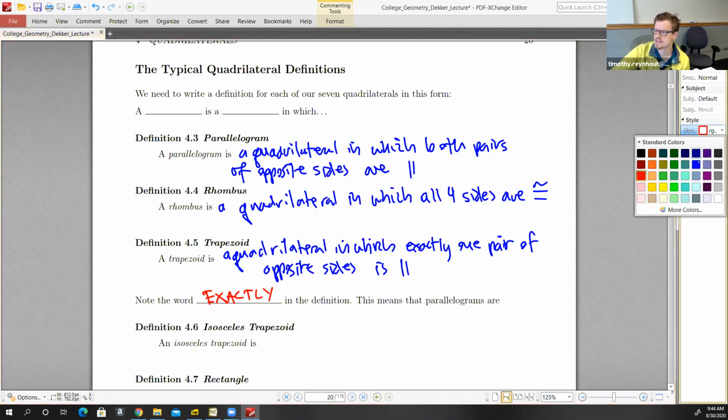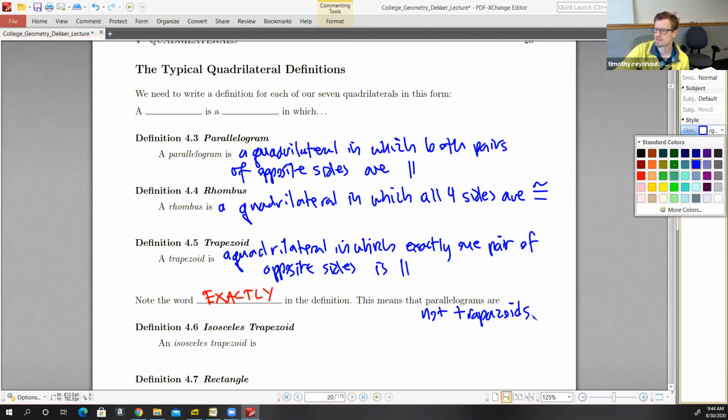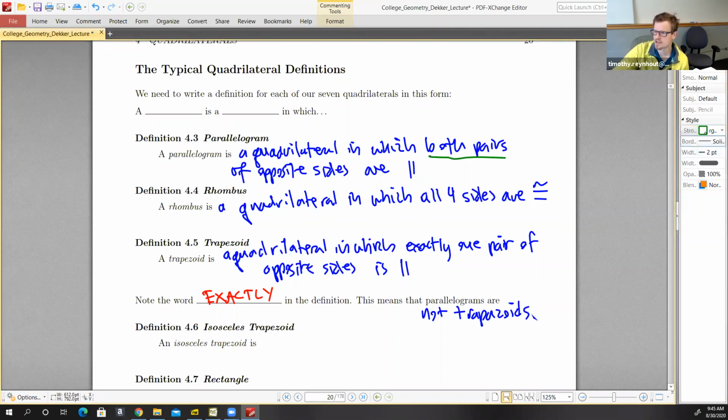This tells us that parallelograms are not trapezoids, because parallelograms have both pairs of opposite sides parallel. And in a trapezoid, exactly one pair of opposite sides is parallel.